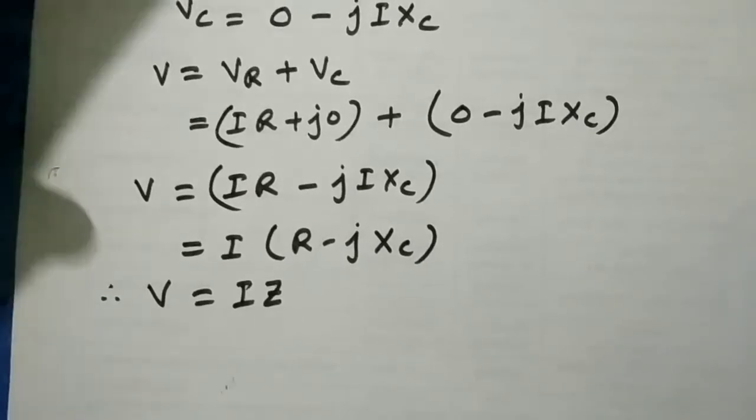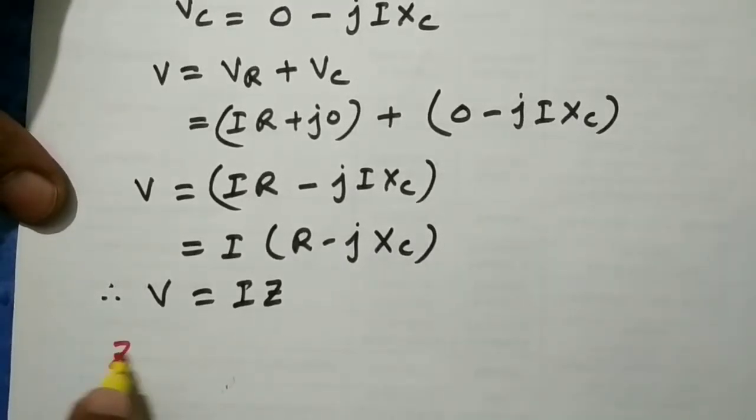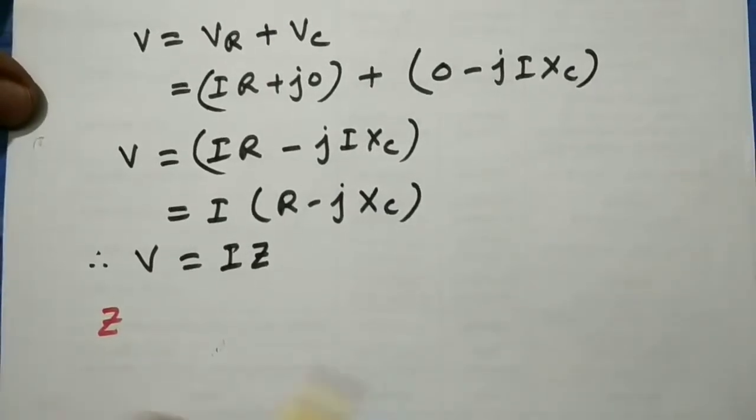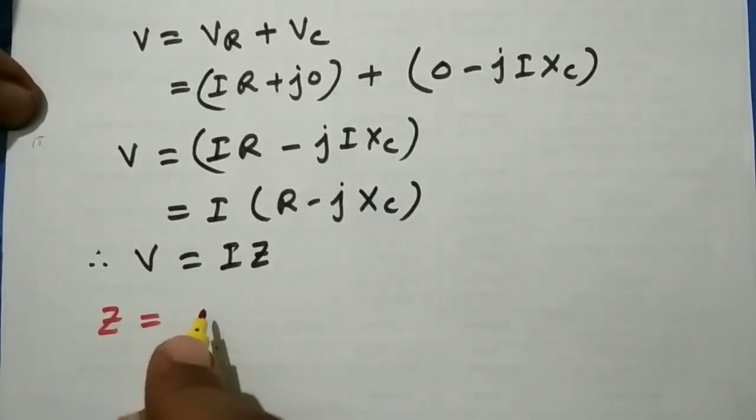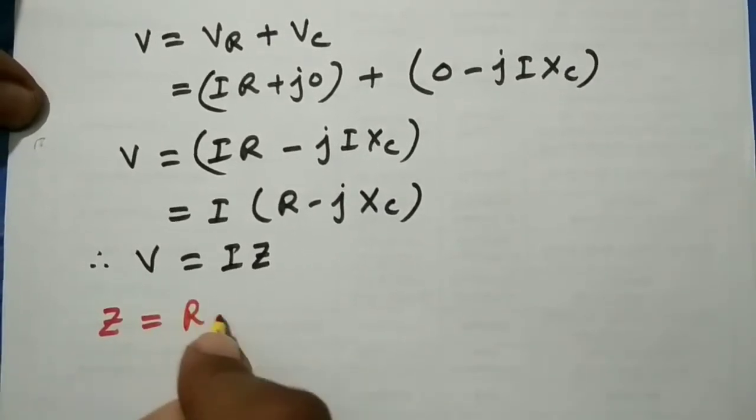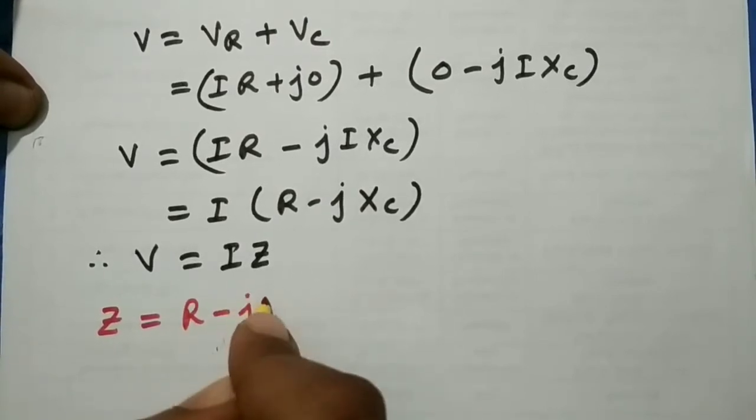So here the Z, the impedance of the RC series circuit, can be represented as a complex number, and it will be R minus J of XC.